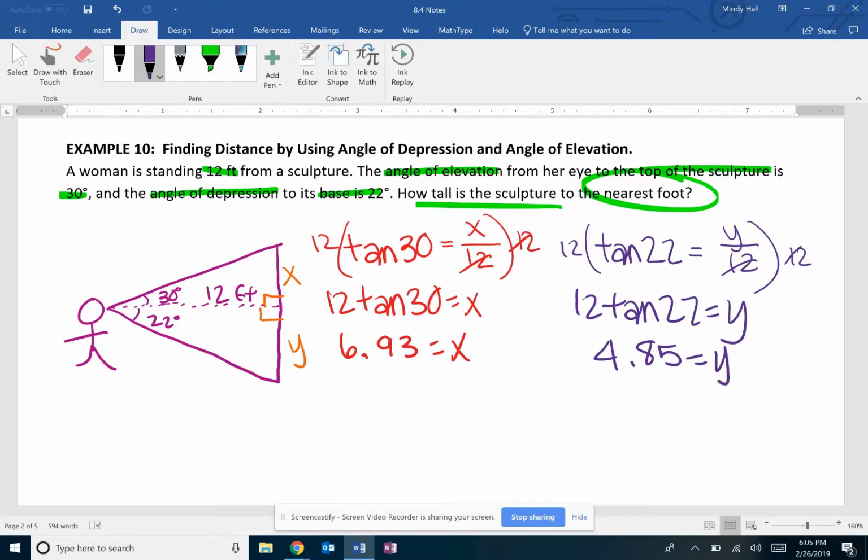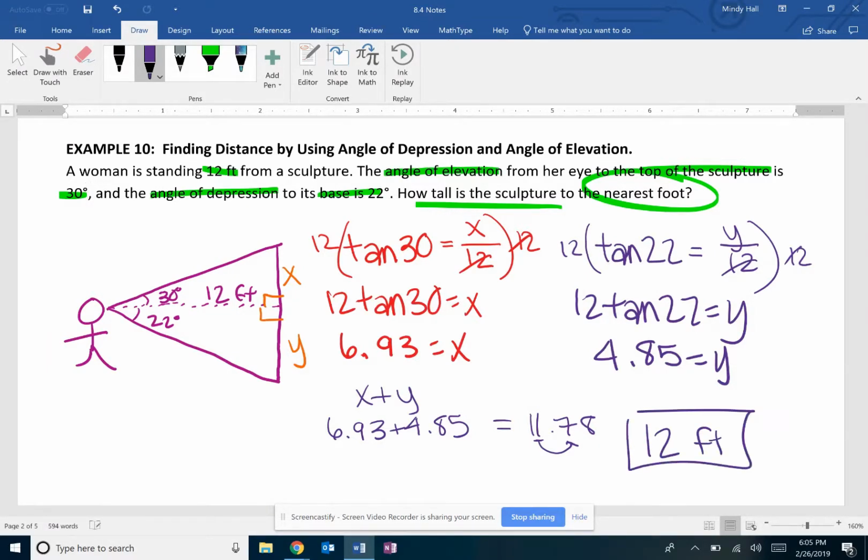So then to find the height of the statue, we're going to have to do x plus y because it's both pieces. So that would be 6.93 plus 4.85. And when you add those, you get 11.78. So then, because we're rounding to the nearest foot, that 7 tells me to round up. So it is 12 feet tall.